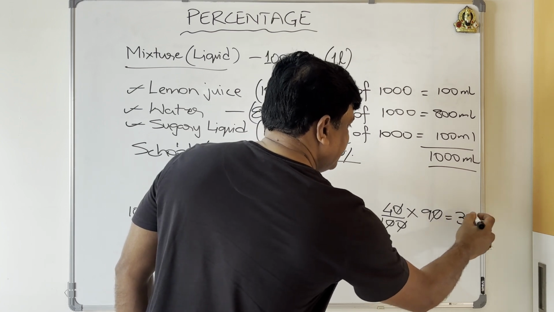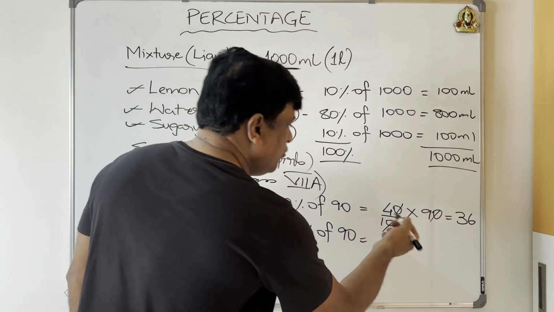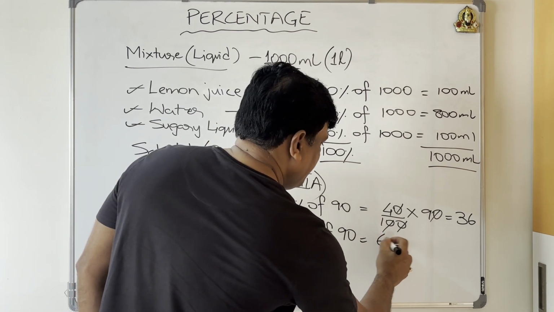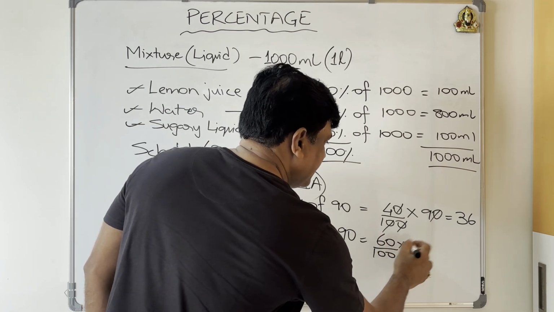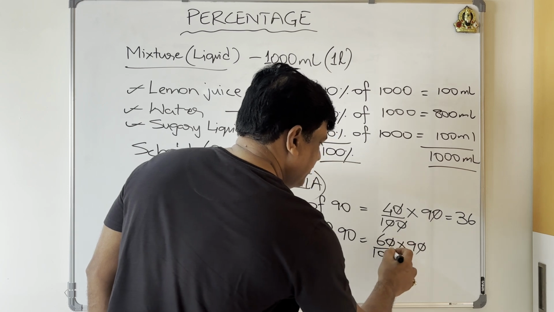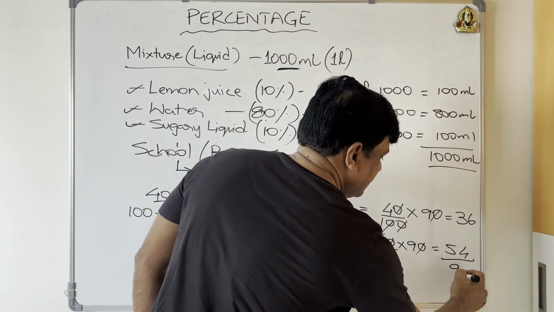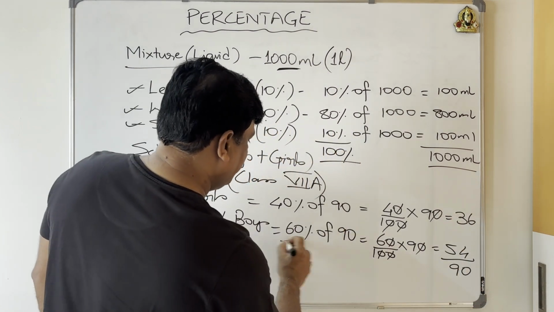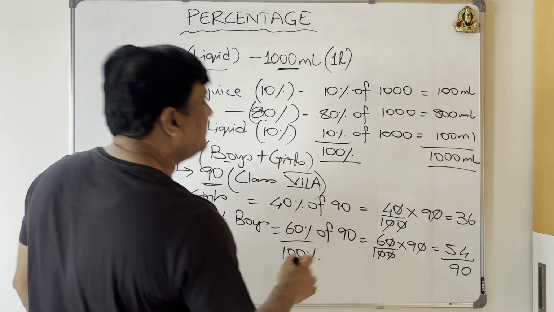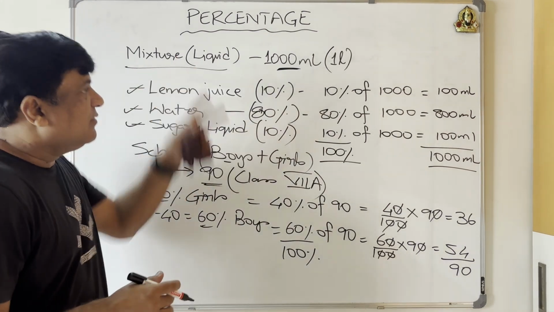So you get 36 girls in the class. So 60% of 90, 10, 10, 10 gets cancelled, 54. Look at it. This totals to 90 and this totals to 100%. That's how you need to understand percentage.